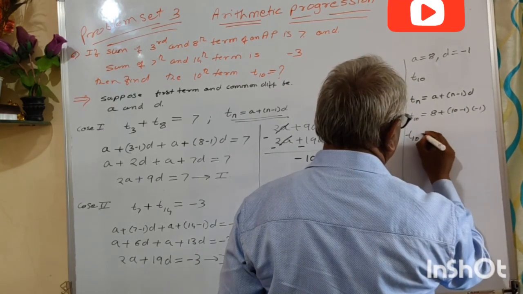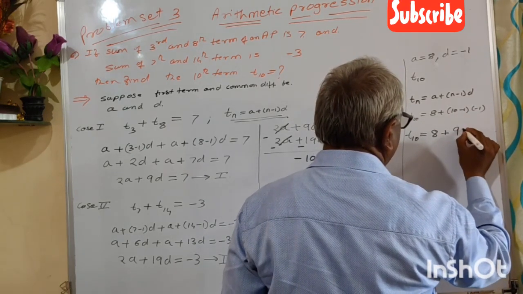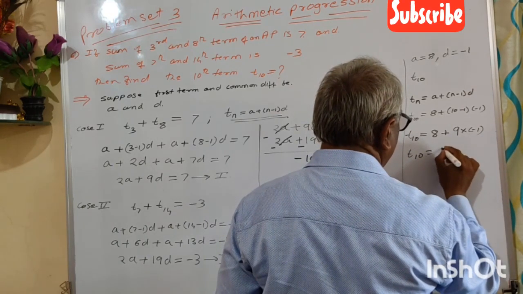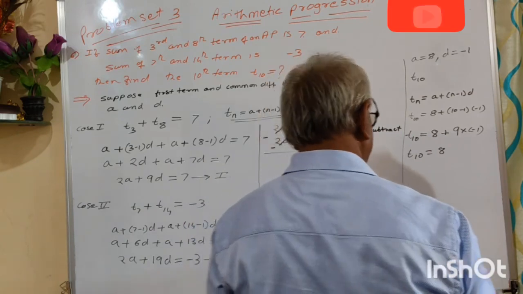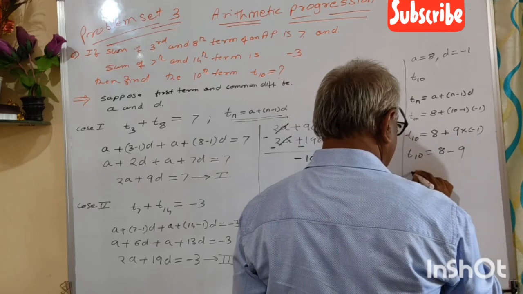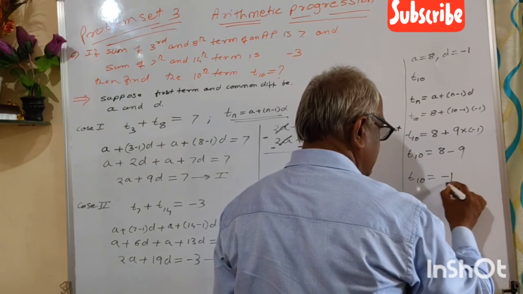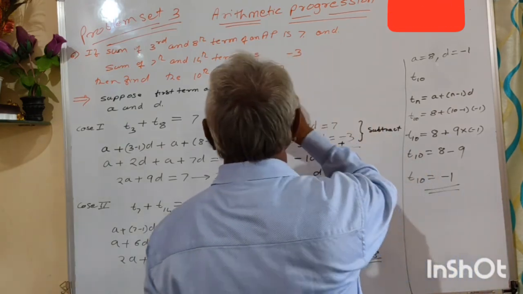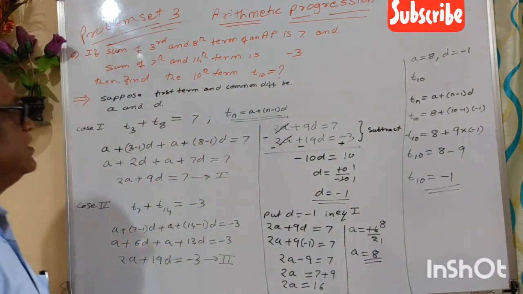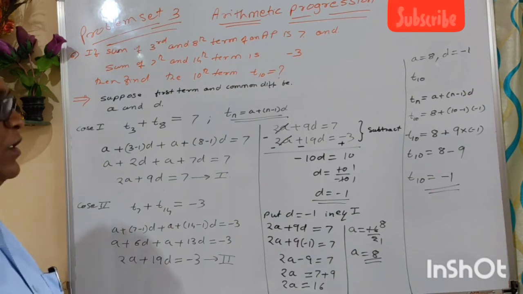Then T10 is equal to 8 plus 9 into minus 1. Then T10 is equal to 8 plus minus 9. Then T10 is equal to 8 minus 9, that is minus 1. That is, the 10th term is minus 1. Here the answer is completed. You can take the screenshot and write in your notebook.